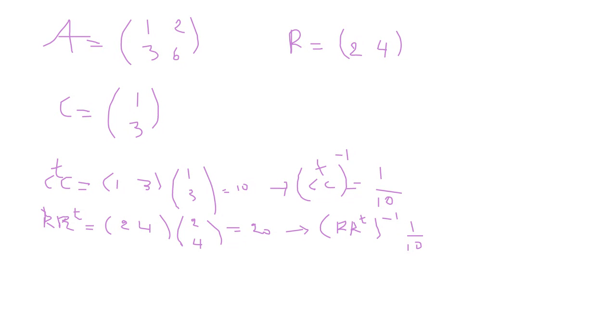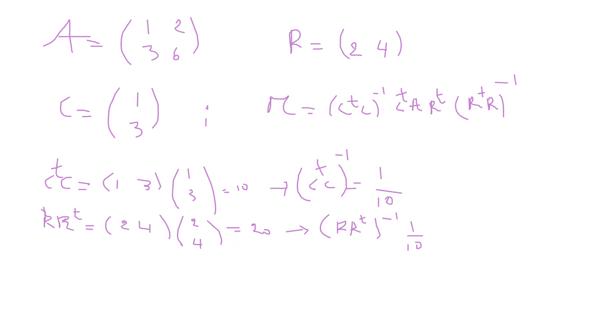So the formula, what did it say? The formula said M is equal to CTC inverse, times CT times A times RT times RRT inverse. Okay?